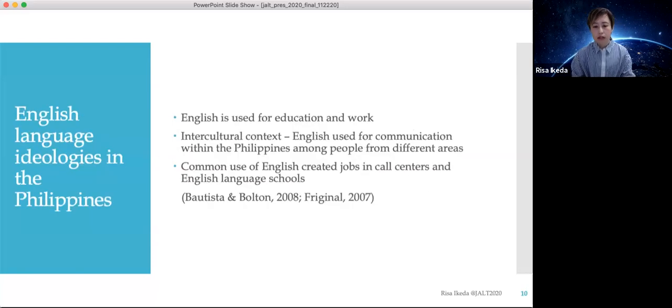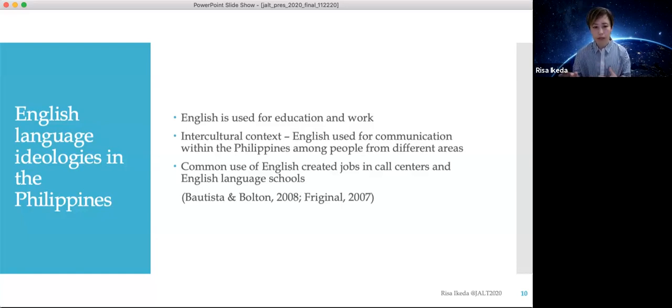And in this context, of us from Japan going to the Philippines, I tried to analyze what the ideologies are that exist in Japan and what the ideologies are that exist in the Philippines. They're not the only things that come into play, but I figured contextually, these are the important spheres culturally. I picked up more detail than I can show here, but I'll give an overview: in the Philippines, English is used for education and work.